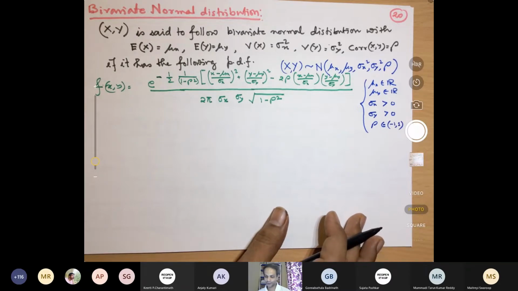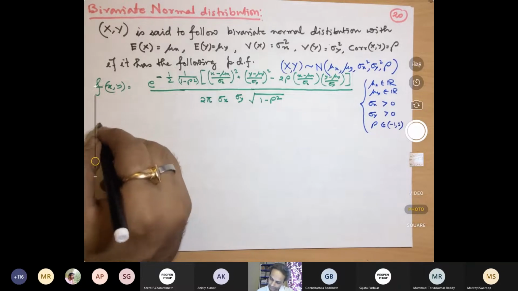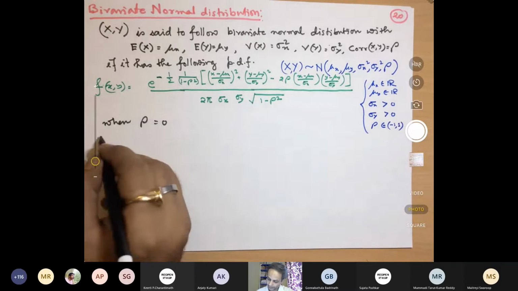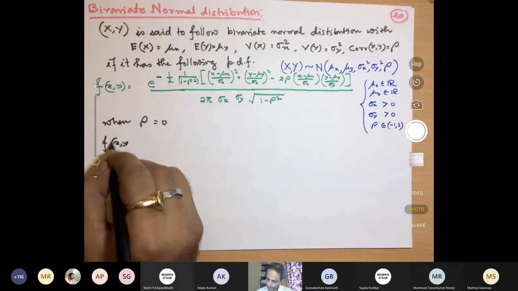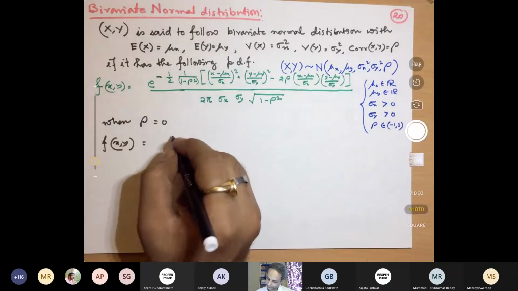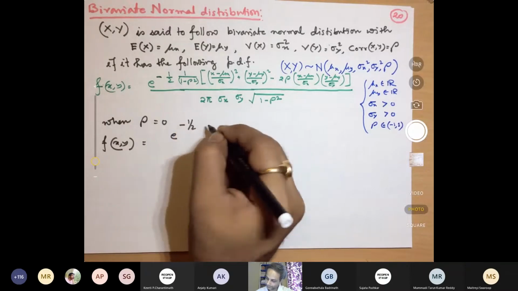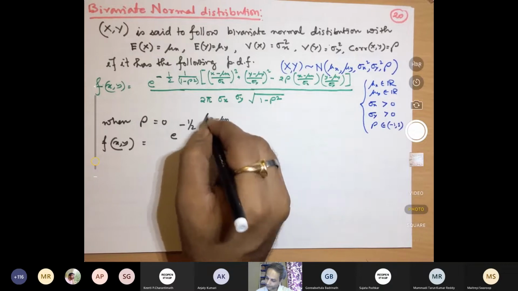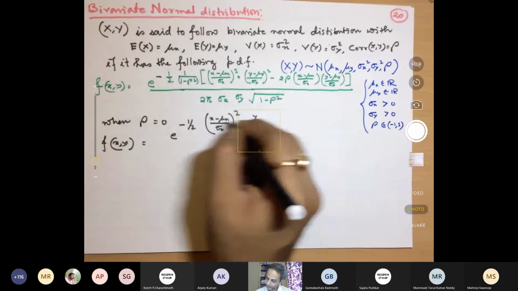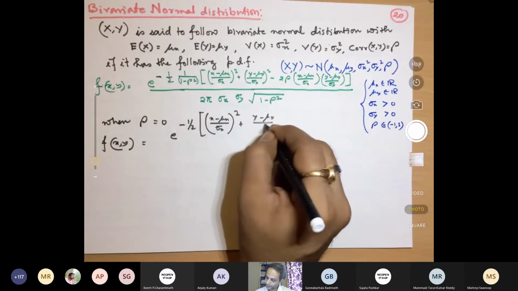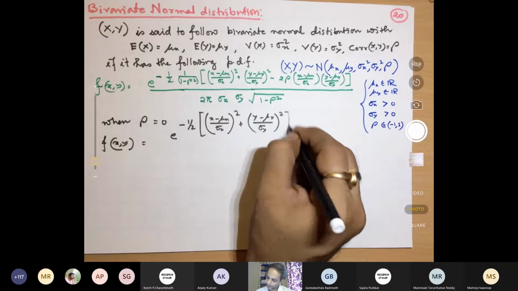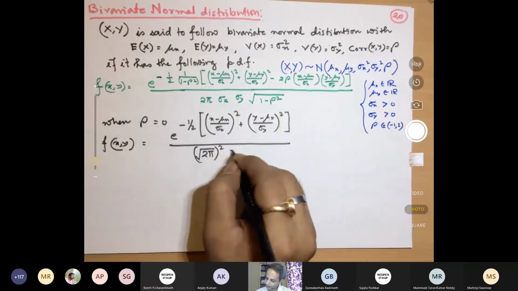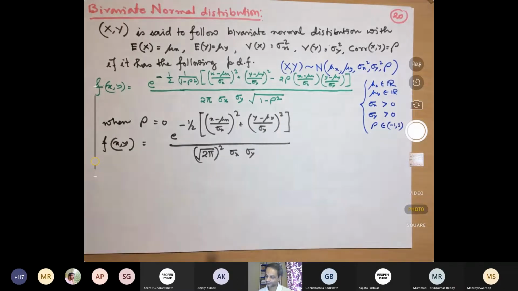And notice one thing here, that when rho equals 0, f of x, y is nothing but e to the power minus half, x minus mu x by sigma x square plus y minus mu y by sigma y square, whole divided by 2 pi sigma x sigma y.